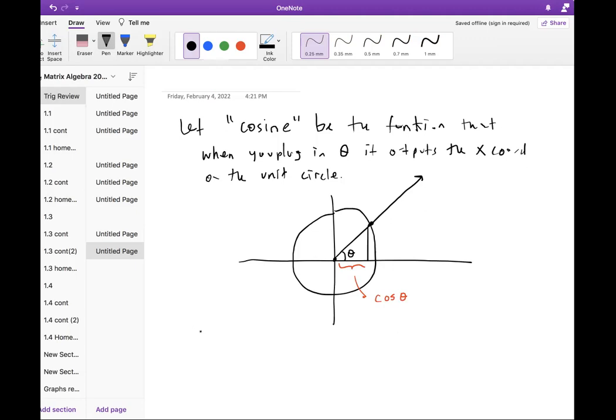And similarly, we're going to let sine be the function such that when you plug in theta, it outputs the y coordinate. So you give me an angle. This is how we're defining sine and cosine for everything.